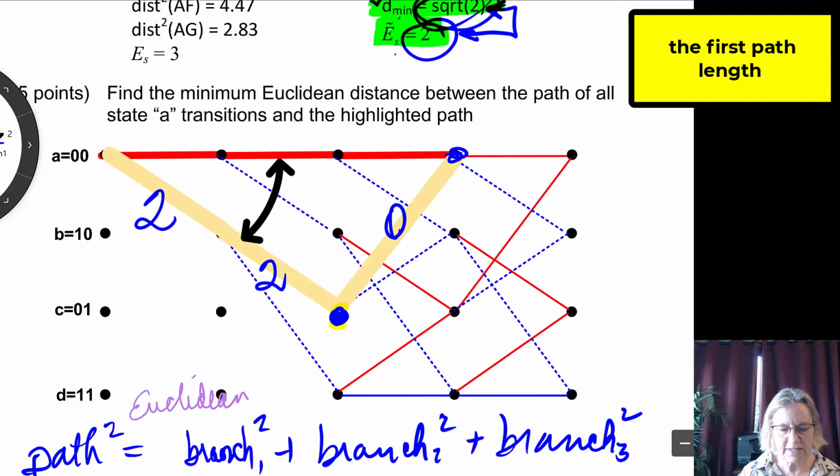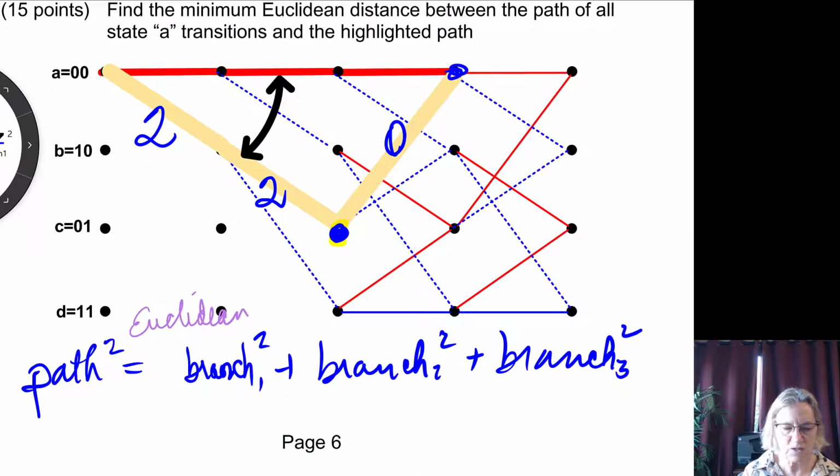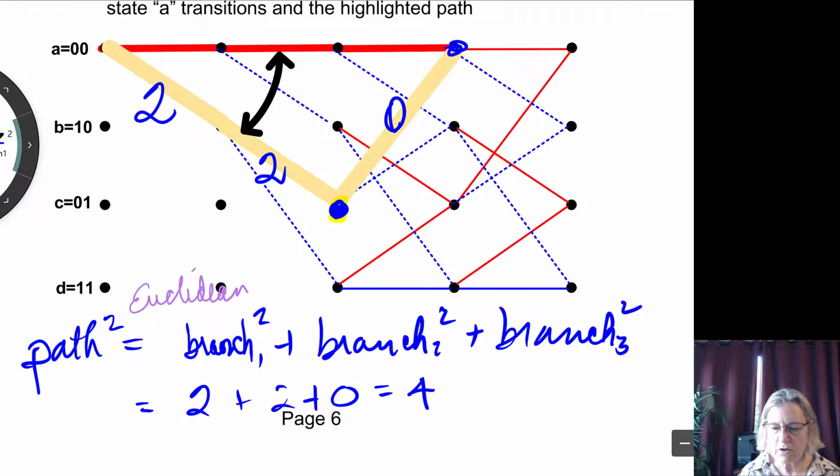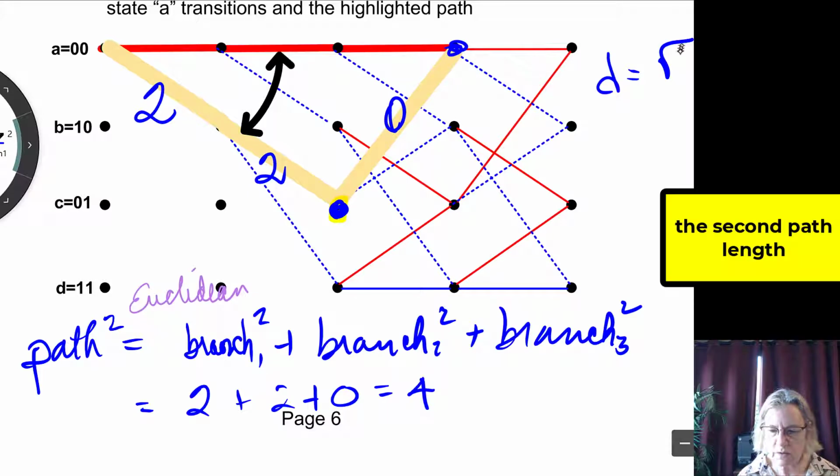So each one of these distances that I've recorded here is the squared distance. So the total would be equal to 2 plus 2 plus 0, or equal to 4. So the distance for this path would be equal to the square root of 4, or equal to 2. And is that the minimum distance or the free distance? We don't know yet because we have to examine the other path.